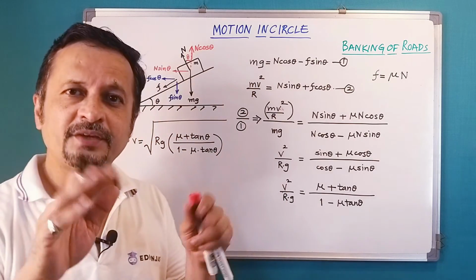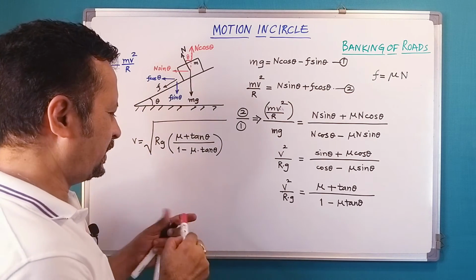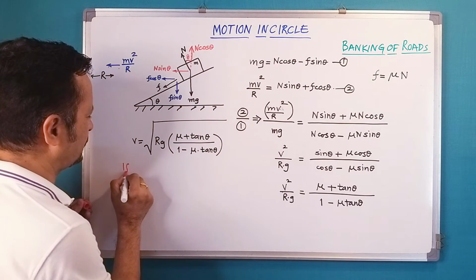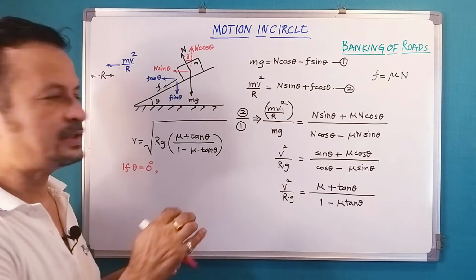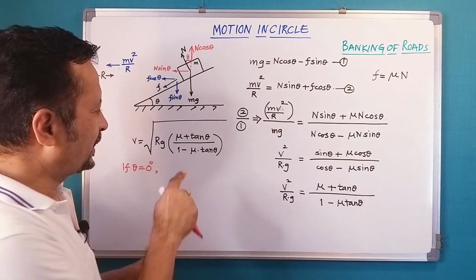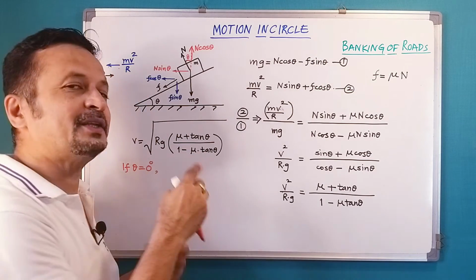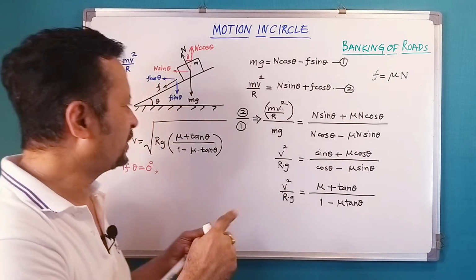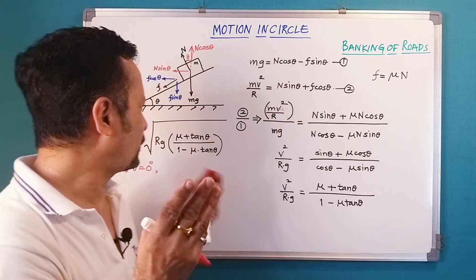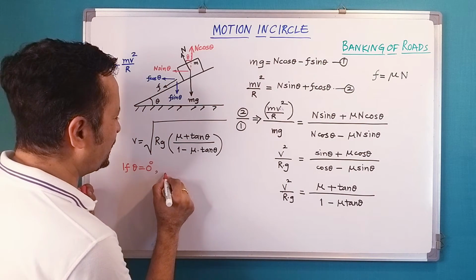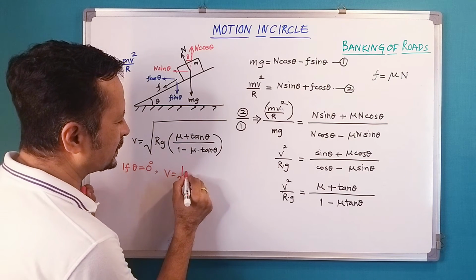If theta is equal to 0, then tan 0 is 0 and 1 minus mu tan 0 is 1. So my denominator will become 1, and the numerator will become only mu. So my v would be equal to root over mu rg.